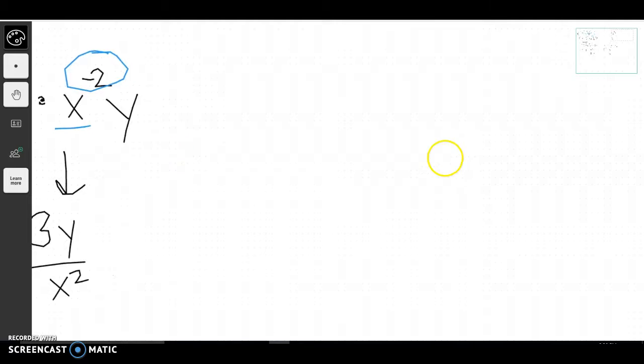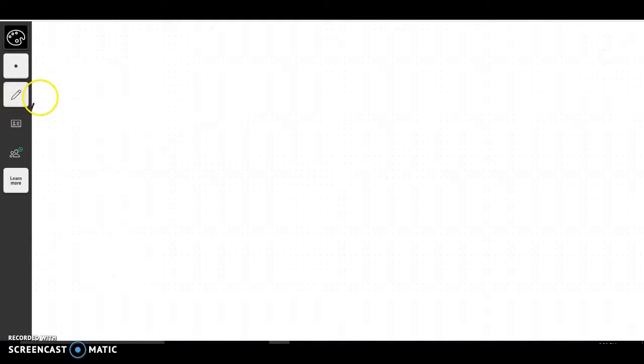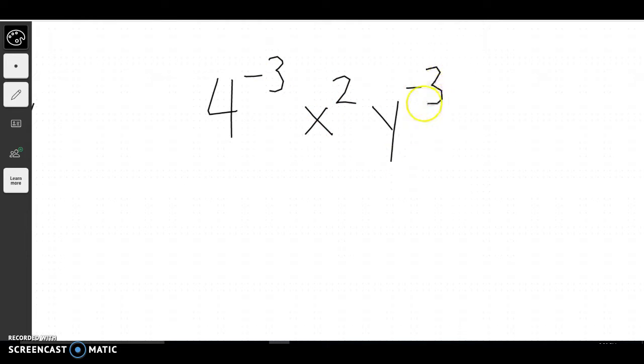Let's try another one. In this example, again, I want to think about these things being separate, so they're not attached.